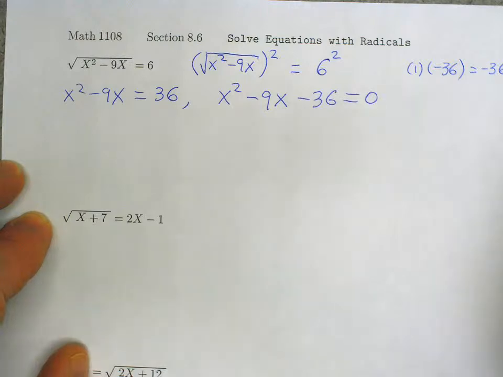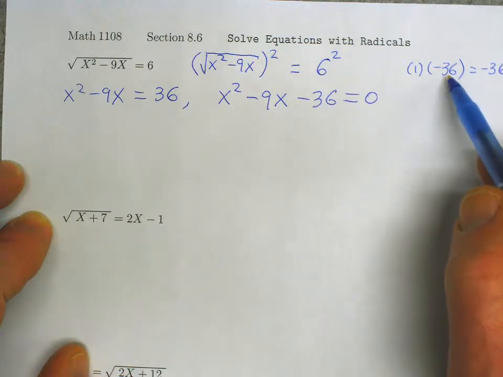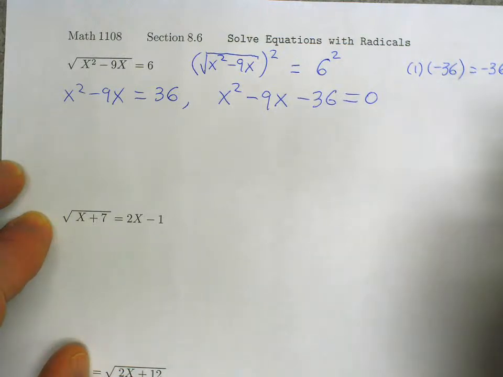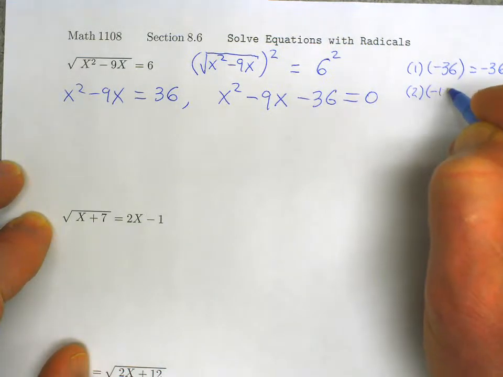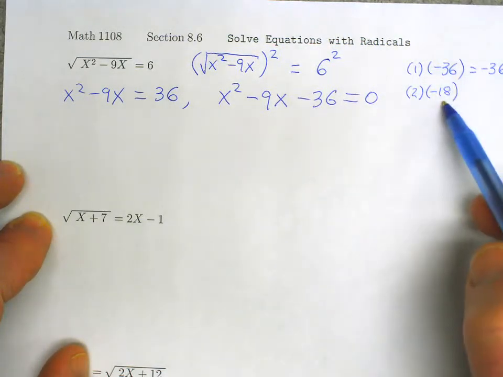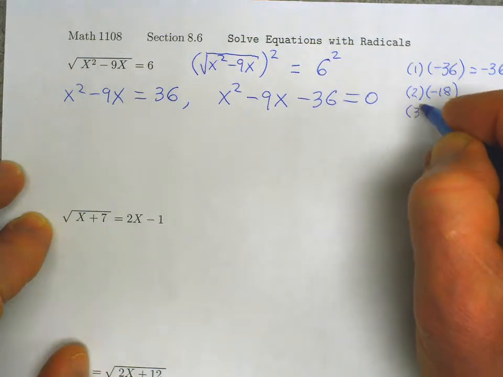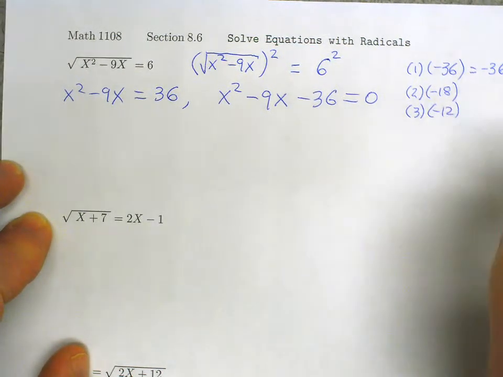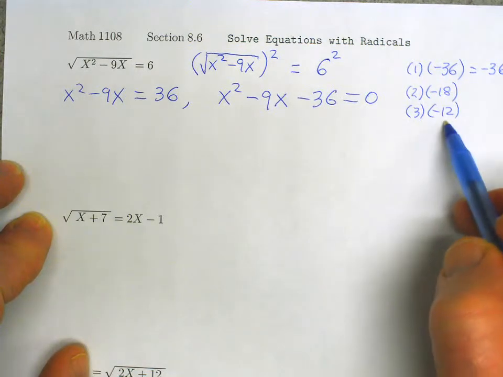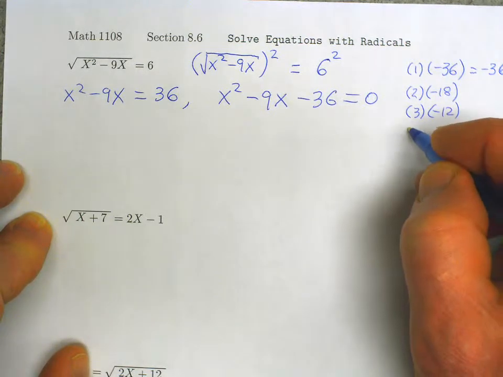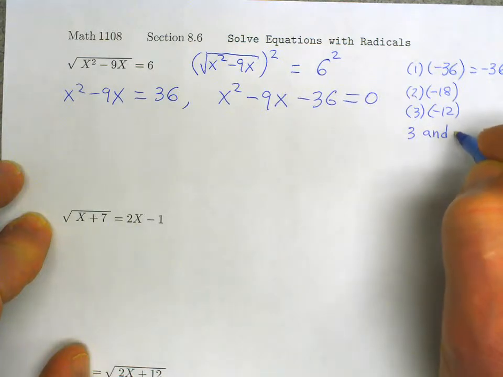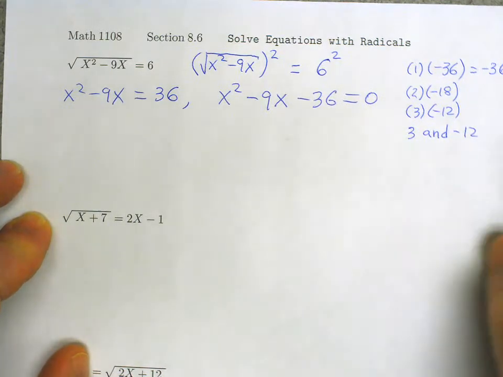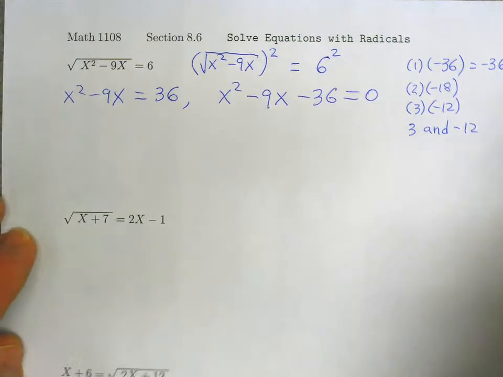So the one with the largest absolute value is negative. So this is the first pair. And then we test 2 times negative 18. Those add up to negative 16. Positive 3 times negative 12. Those add up to negative 9. So it is factorable with integer coefficients. So 3 and negative 12 are the two numbers we need.